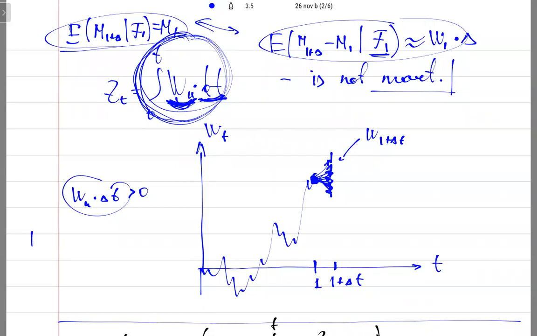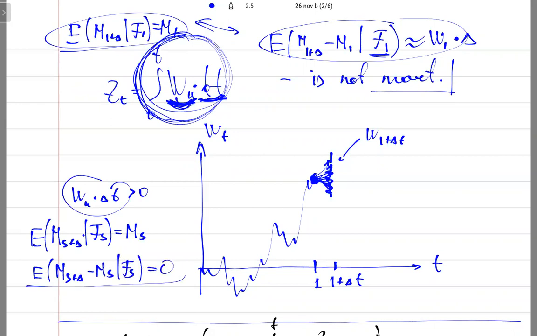So what is the martingale condition? E[M_{s+delta} | F_s] is M_s, or stated differently, the expected value of M_{s+delta} minus M_s given any current information is 0. This is the definition of a martingale: given any current information, any current state, your best guess is that the process will on average not change.